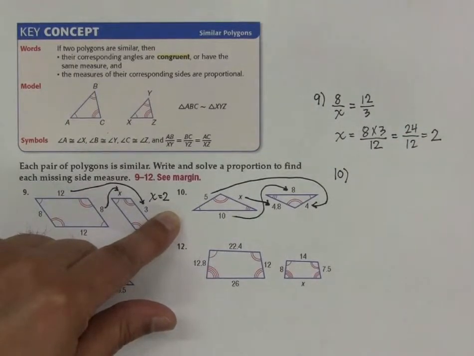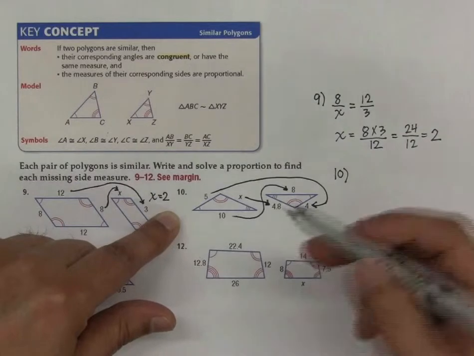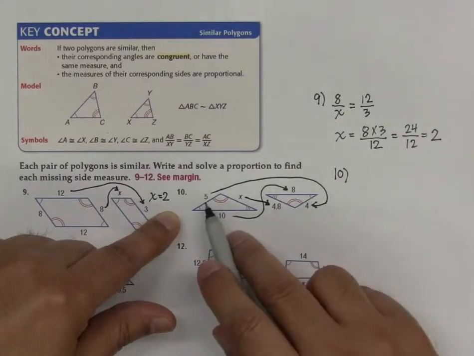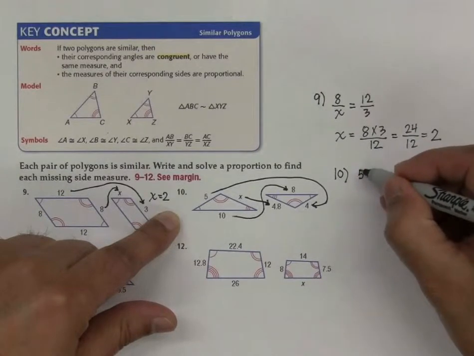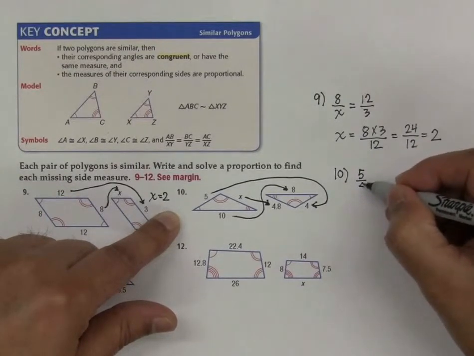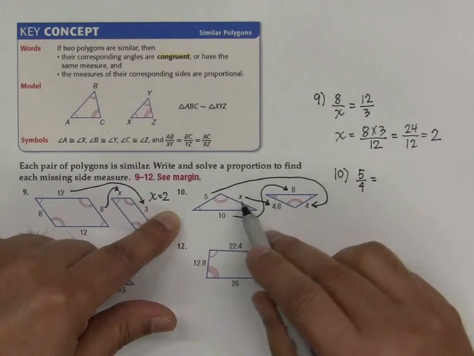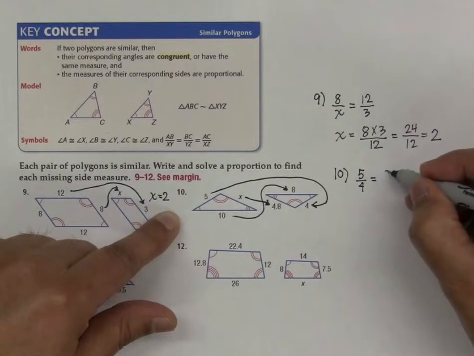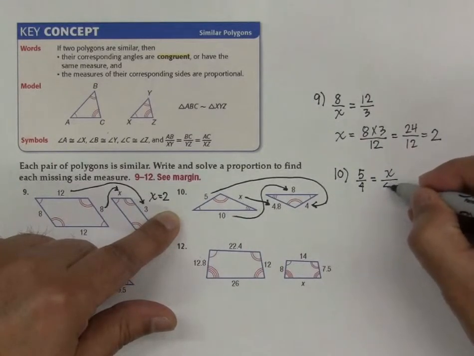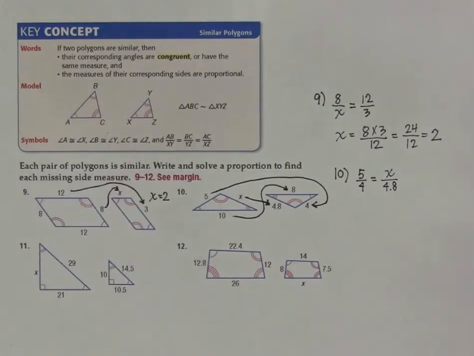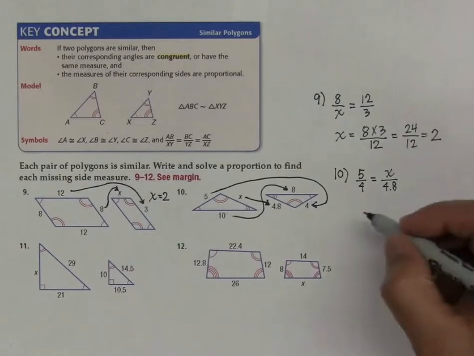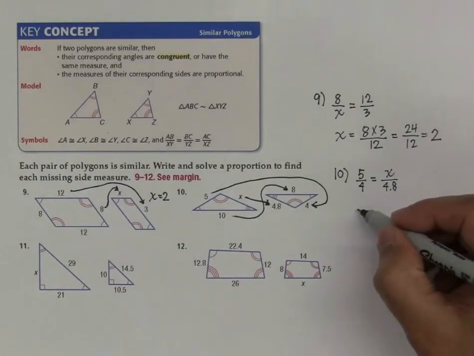I'm going to say, just to use smaller numbers, 5 is to 4 as x is to 4.8. Have a regular proportion here. I can find the length of x by solving this proportion.